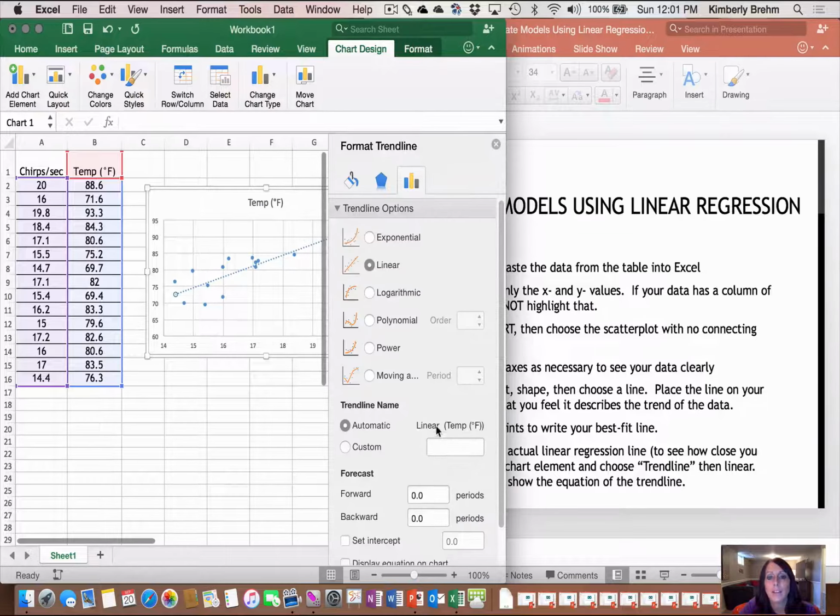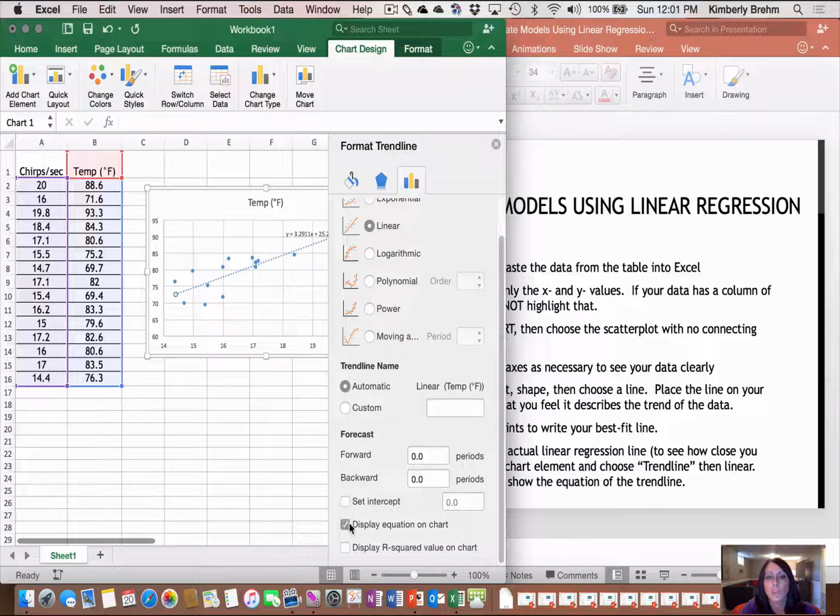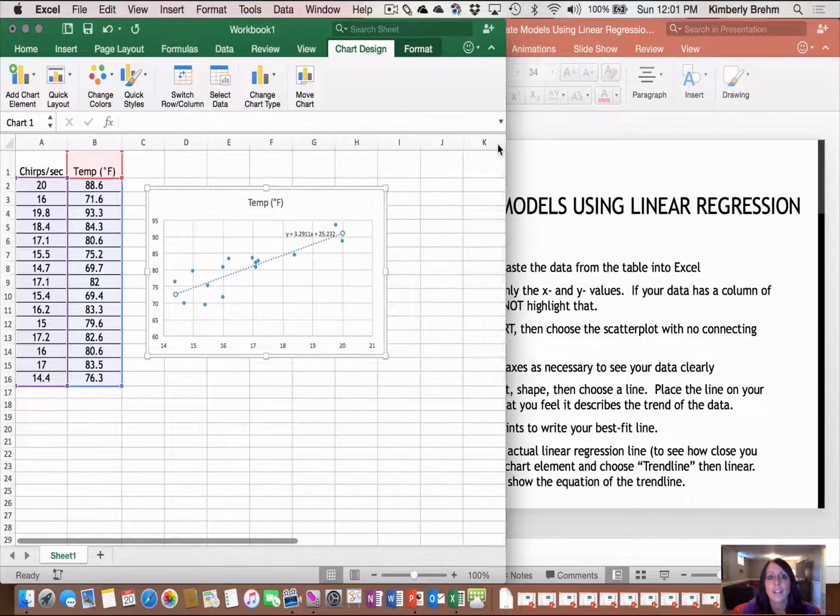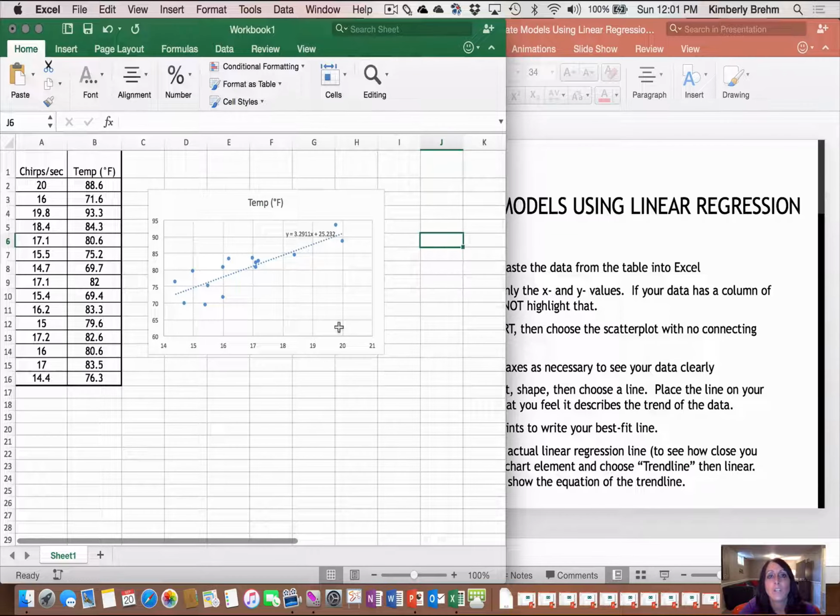What I want from that line is to know what the equation is. So I'm going to click on display equation on chart, which might be a different pop-up window for you. But notice that the real equation is 3.2911x plus 25.232.